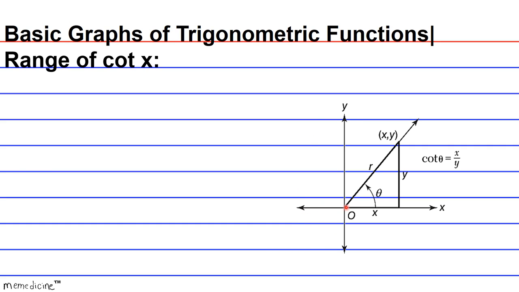And we could also have a negative y value in the denominator in the case where the opposite side, or the y coordinate, is in quadrants 3 and 4. Okay, so just keep that in mind. Double negatives are going to give you a positive cotangent, but if either the x or y coordinate is negative, it's going to give you a negative cotangent. And just remember, for basic trigonometric functions like sine and cosine, you are having to look at r in the denominator, and r is a magnitude.